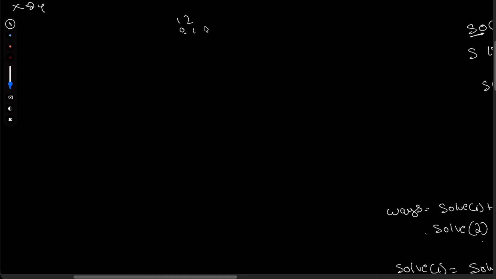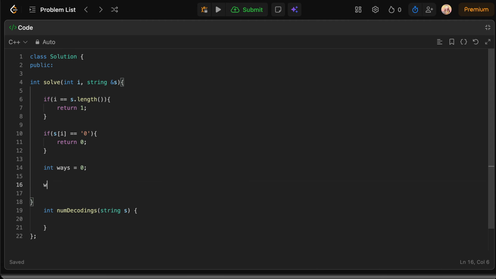So we write ways plus equal to solve of I plus 1, s. This line means take one digit and move, and solve the remaining.